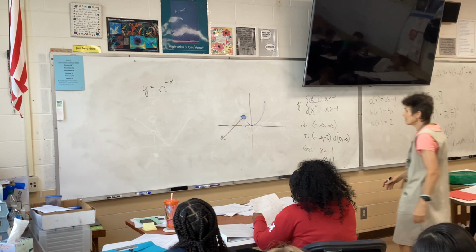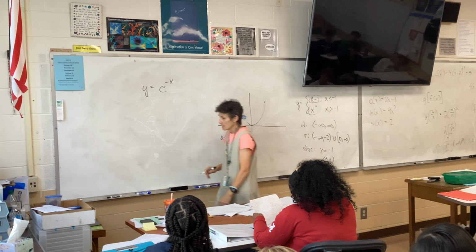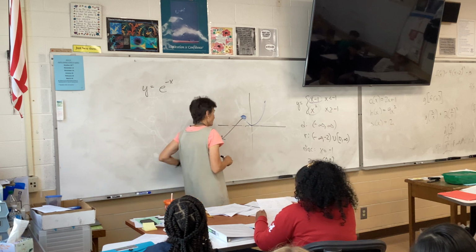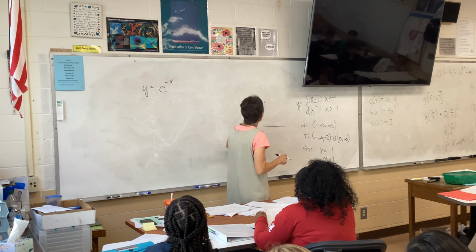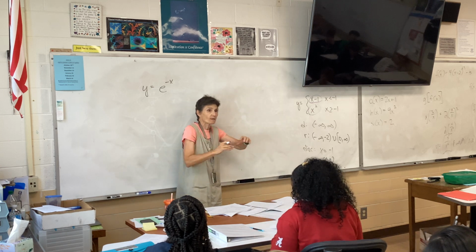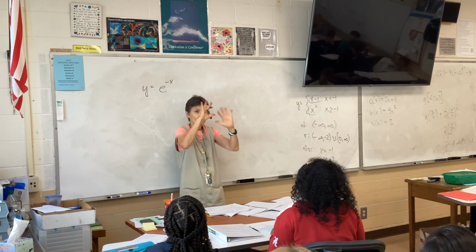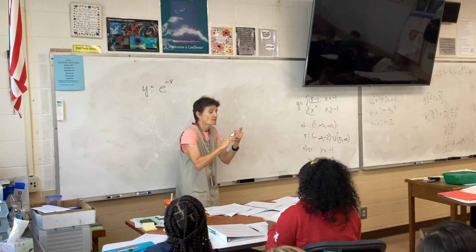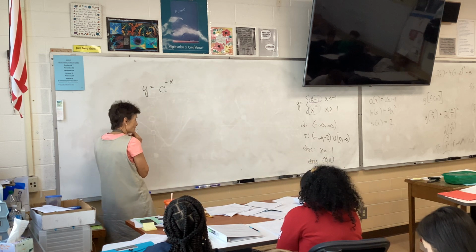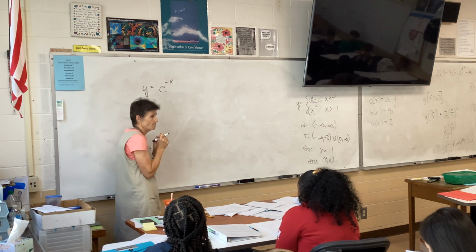Now, we need to remember that negative signs don't move us. I mean, they don't pick us up and put us down somewhere else. They flip us, right? Negative signs flip us. And it depends where the negative is as to how we flip.